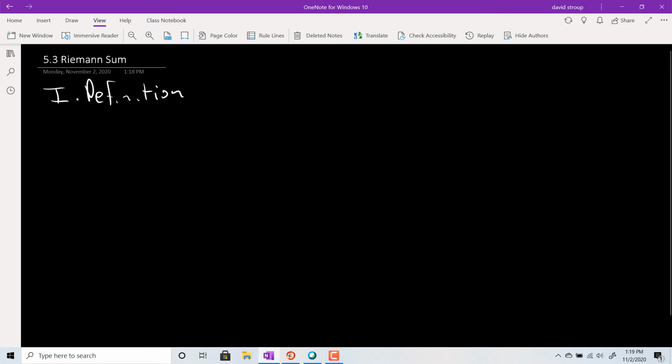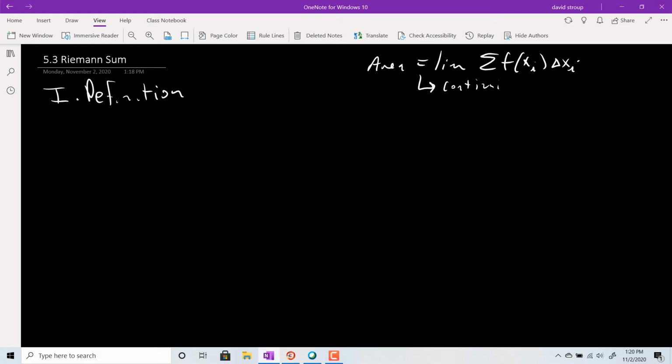Before, when we dealt with the sums for finding area underneath a curve, what were we doing? We're taking the limit of the sum of f of x sub i times change in x sub i. And in order to do this, maybe I didn't note it, but you would need continuity of f of x on whatever interval you're working on.